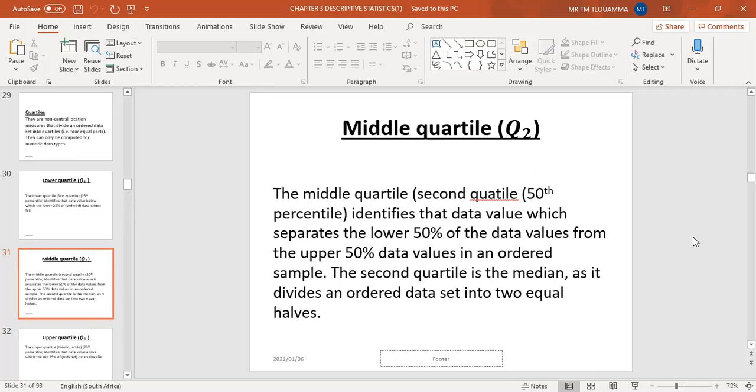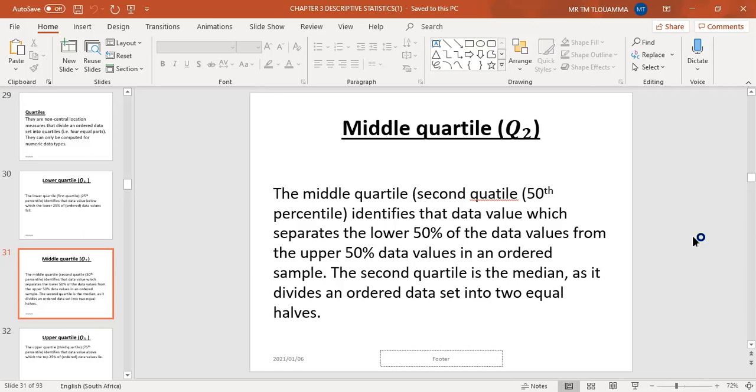Already we are having the lower quartile, which is 25%. Now we're having the middle or the second one. So the middle separates the lower quartile and the upper quartile, whereas the upper quartile is 75%. The lower quartile will be what? Will be 25%.